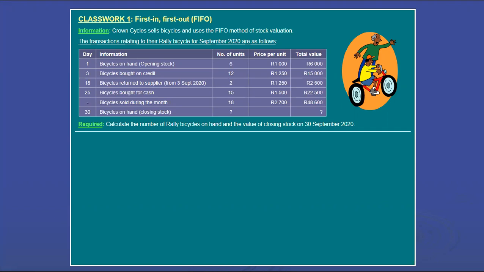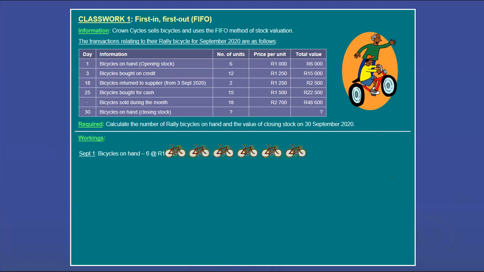So you need to break this down. Remember I said to you, the value of your closing stock will be made up of your last purchases. So your last purchases are the purchases you made on the 25th, as well as the 30 days. In this case, we sold 18 bicycles. So how do we work around this? There's no difference between this and what we did earlier on, so we just proceed as we did earlier. The best place to start is to determine what you have purchased and what you have returned.